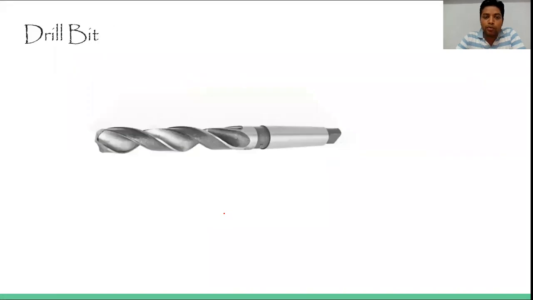Now we are moving on to study the drill bit. There are two things: first, a drill bit that is larger in diameter, length or size, and second, a small-size one.